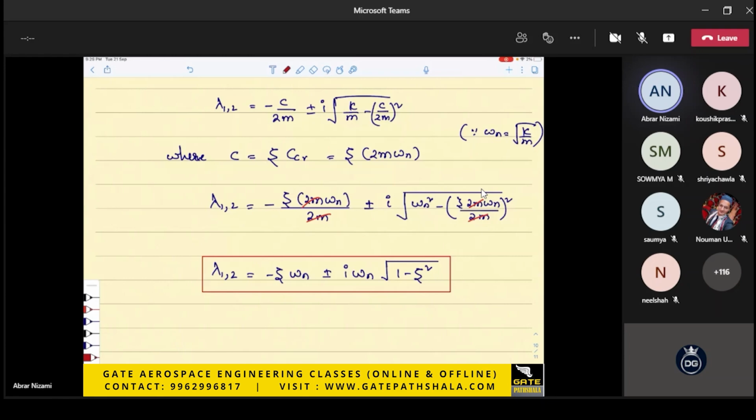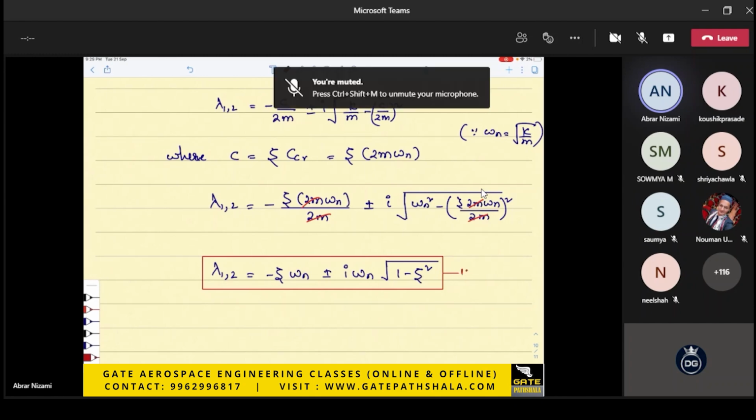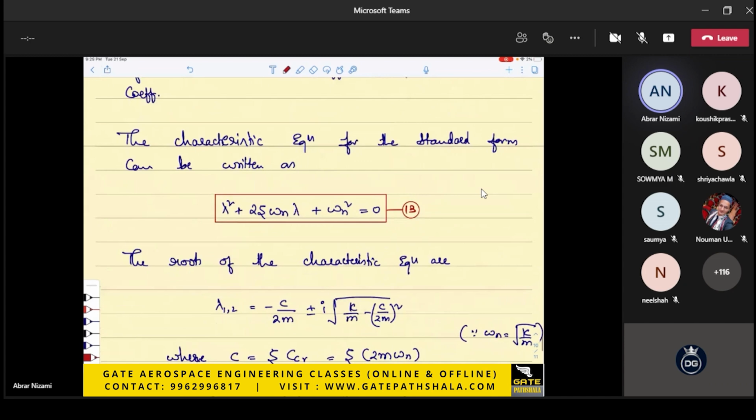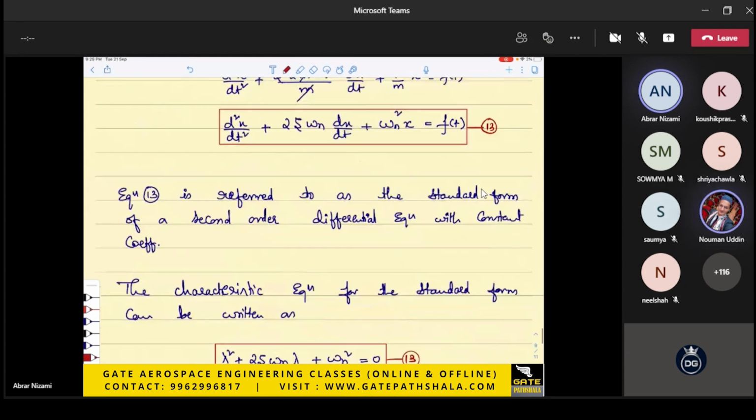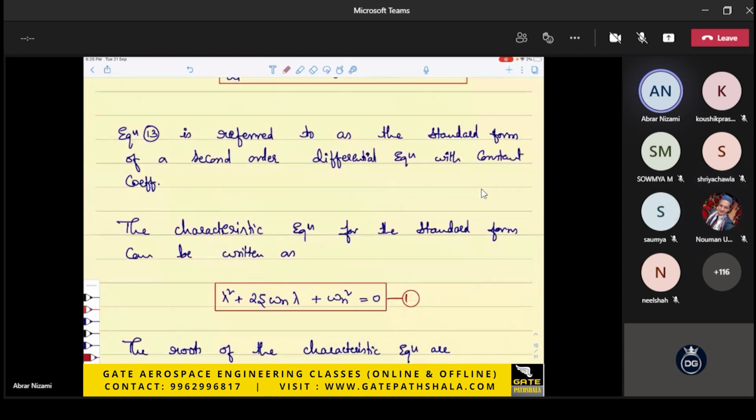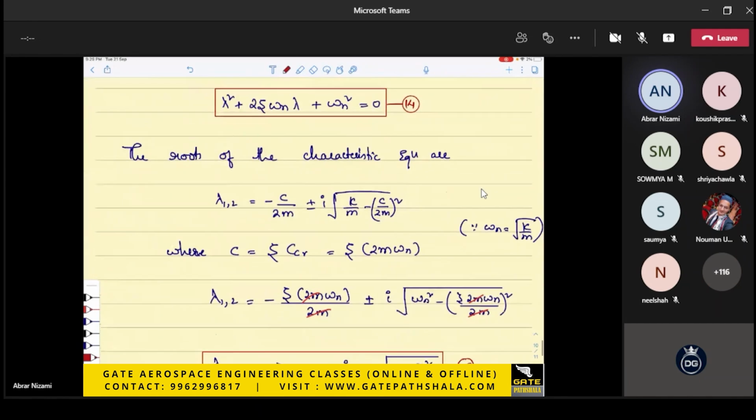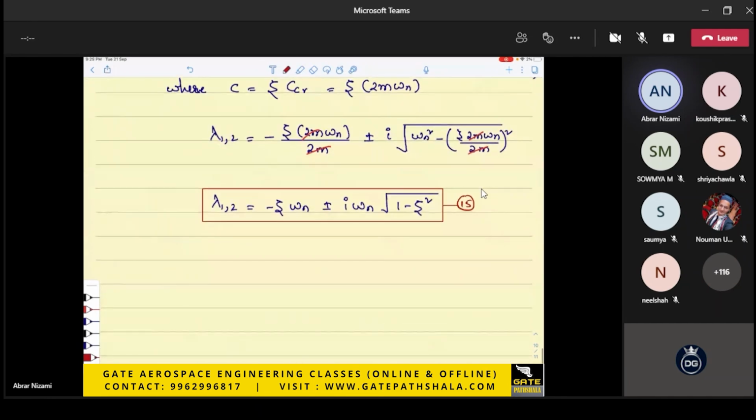Call it equation number 15, since the one above is 14.